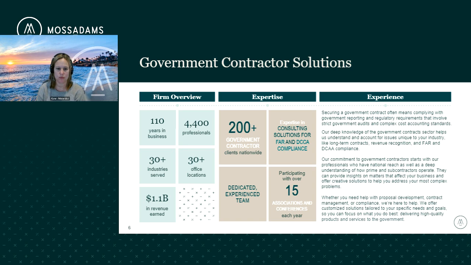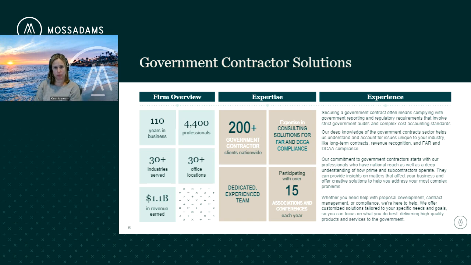So, a quick background on our practice here at Moss Adams in the government contractor solution space. Really just a brief introduction. The firm itself has been around for 110-plus years. We're one of the largest accounting, consulting, and professional services firms in the country, with a long history of supporting organizations across various industries.